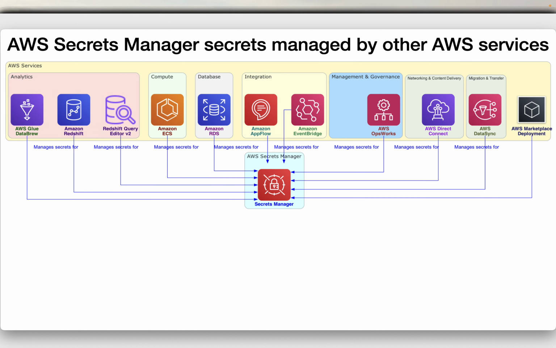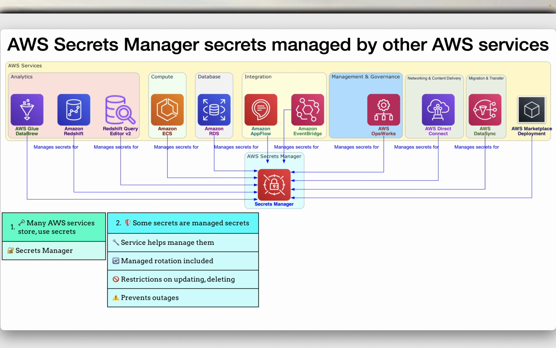Now, AWS Secrets Manager secrets managed by other services. We are talking about managed rotation, so let's see which services use this managed rotation. Many AWS services store and use secrets in AWS Secrets Manager. In some cases, these secrets are managed secrets, which means that the service that created them helps manage them.